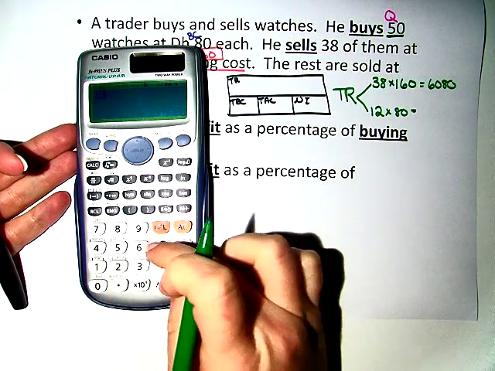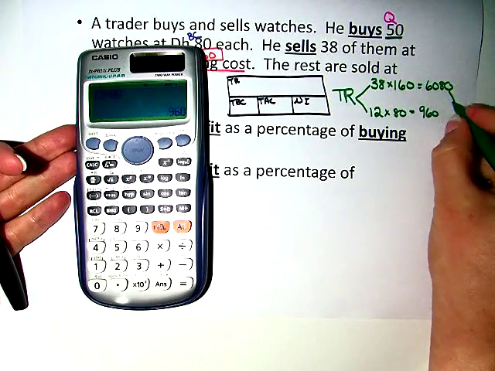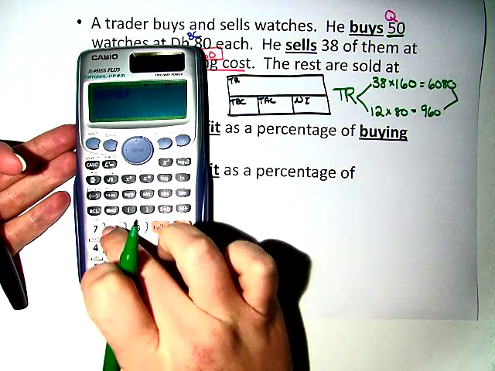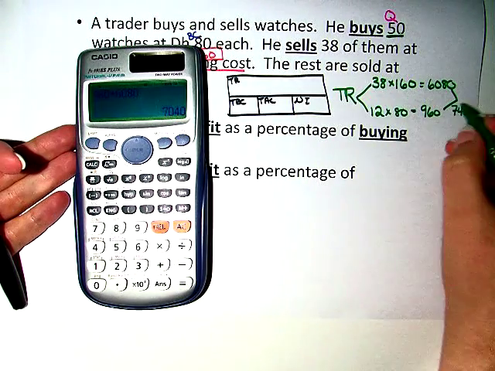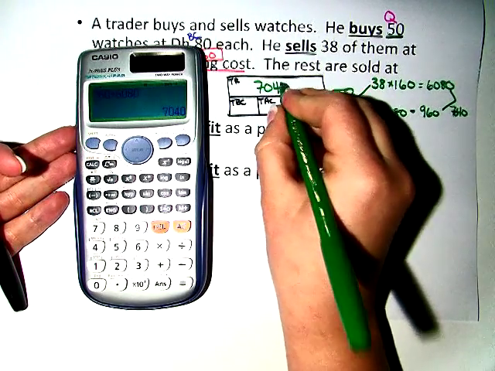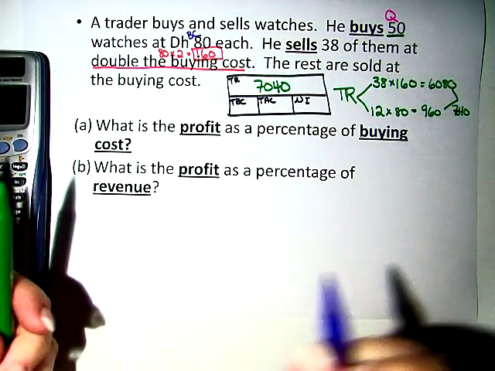And for the remaining 12, he made 960. So together, he made 7,040 in total revenue.